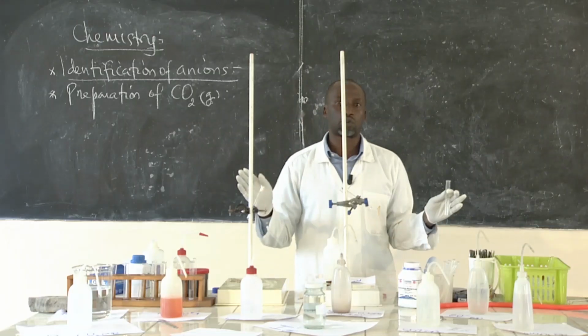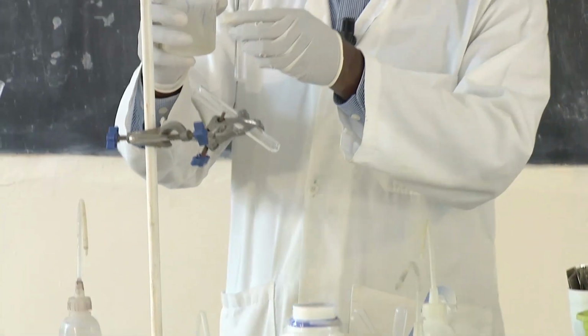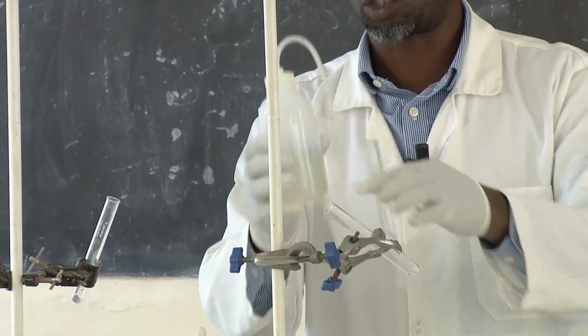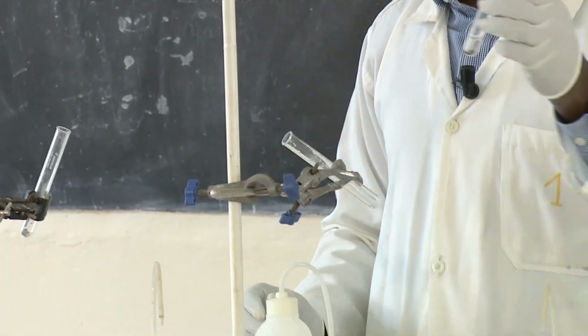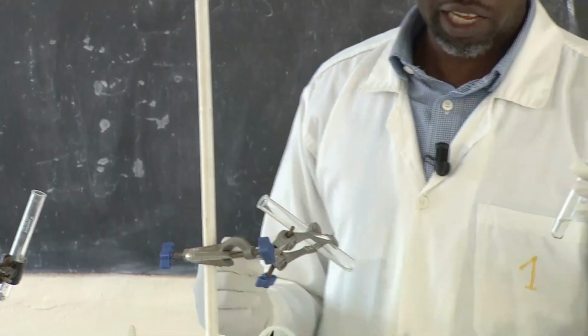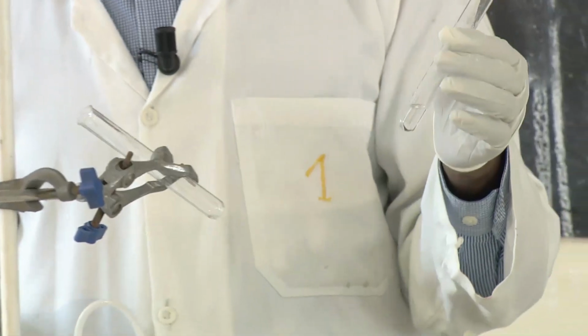So we just approximate solutions. There is no need of measuring, because we are just looking at the quality of the solution. So this is about maybe 3 cubic centimeters of the solution containing the sulfate.